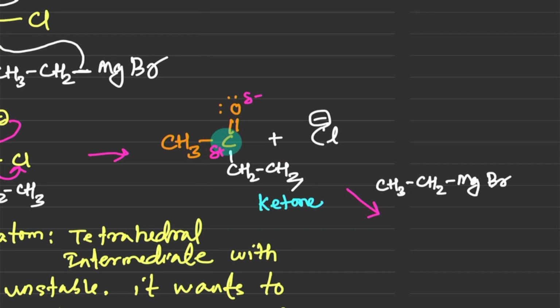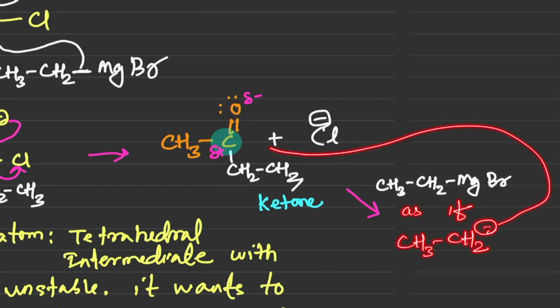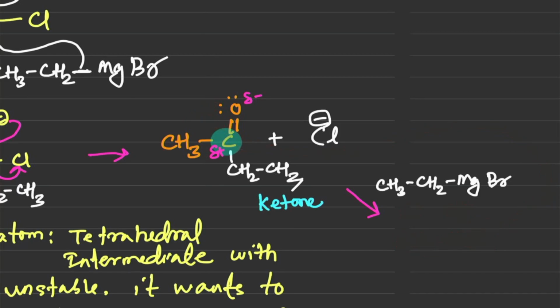This would react as if this is CH3CH2 minus. So this would come and attack here, and that will push the pi electrons towards oxygen because you want them to be octet. Carbon should always have 4 bonds.